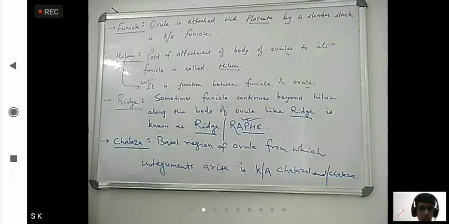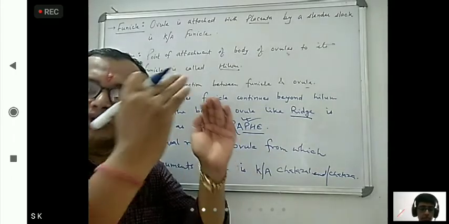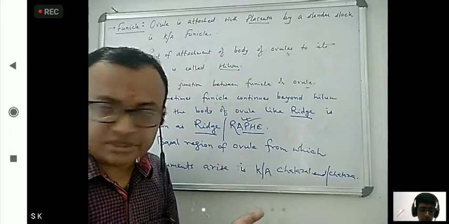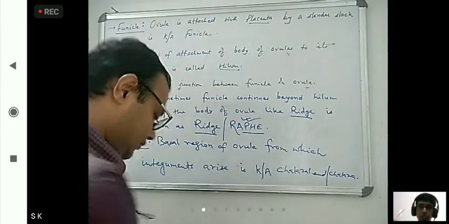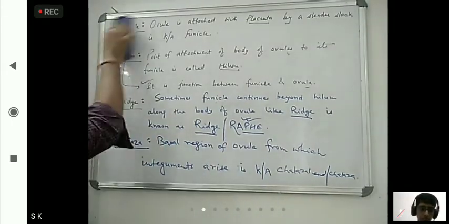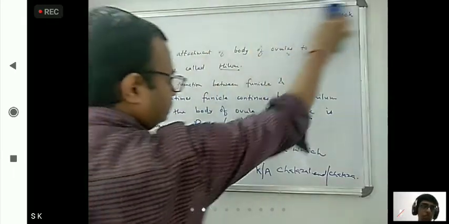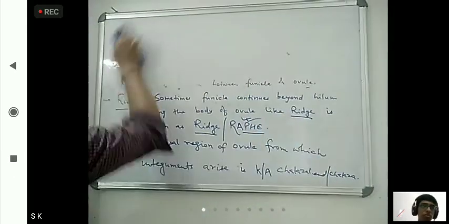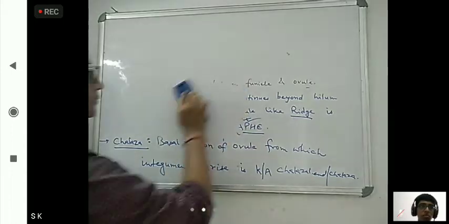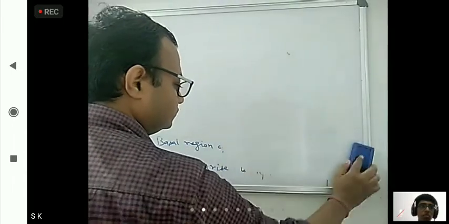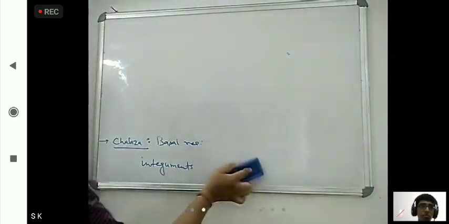Next is the uppermost portion where integuments are absent, that is known as micropyle. So next is micropyle.